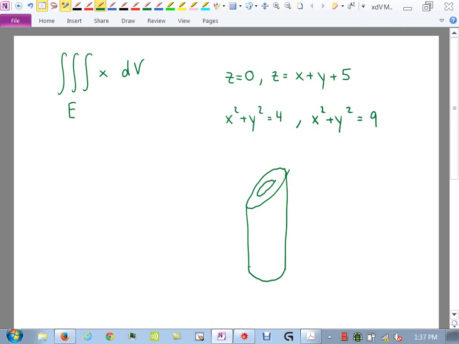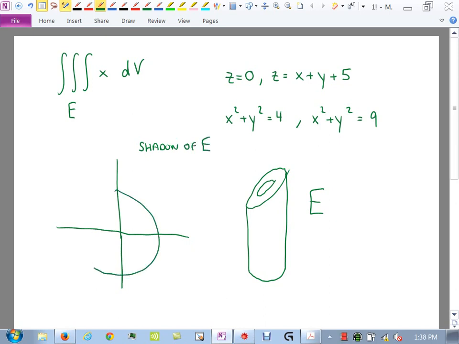Okay, so let's now work on what the shadow of this would look like on the ground. So what is the shadow of that solid E? This is E, right? What's the shadow on the ground? This is the shadow of E. So I have an outer radius and I have an inner radius, right?